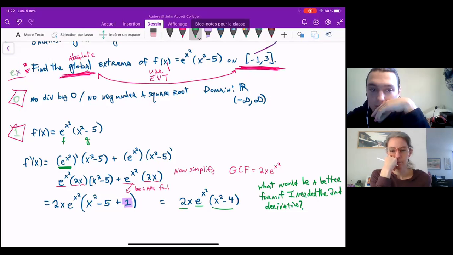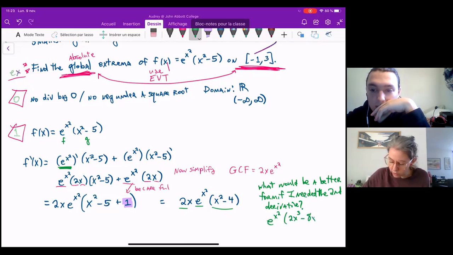Remember, we've said that especially when you have an e, you want to separate the e part from the polynomial part.